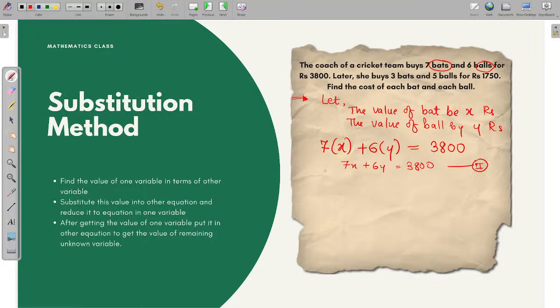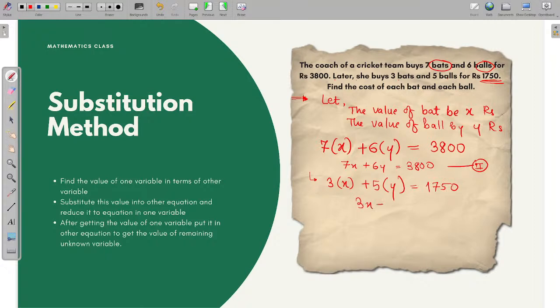Okay, now moving on to the next line. Later, she buys 3 bats and 5 balls for rupees 1750. Again, how many bats she bought? 3 bats. That means total price will be 3 into x, and for 5 balls it will be 5 into y, and total expenditure was 1750, right?